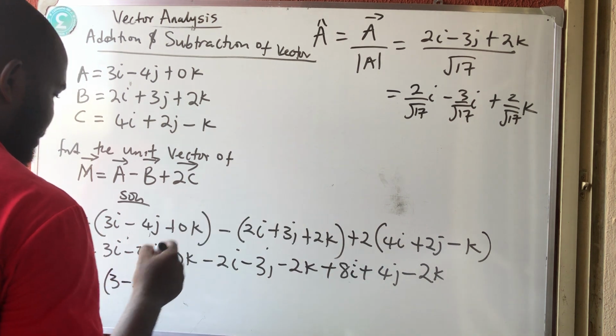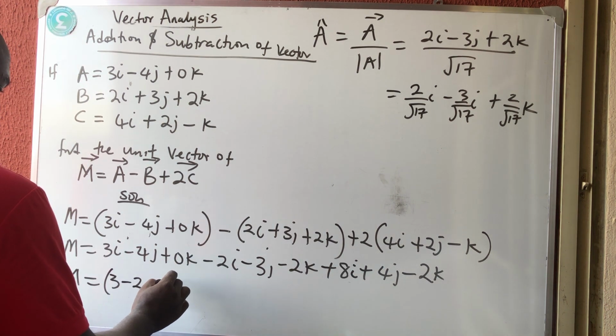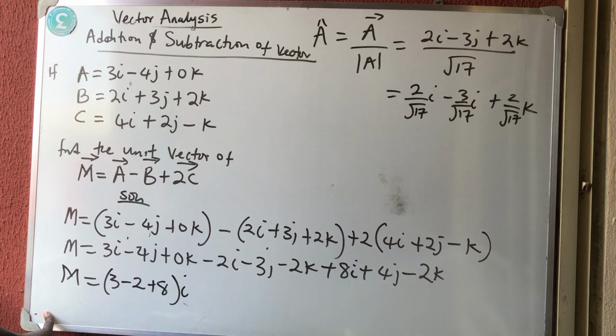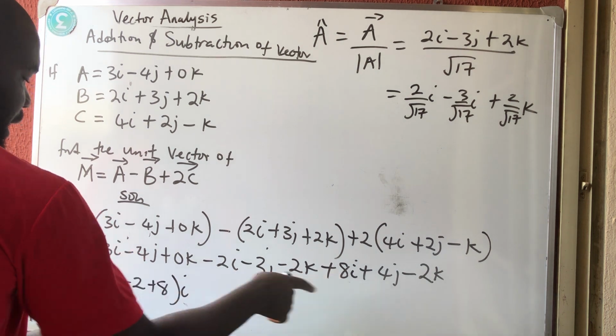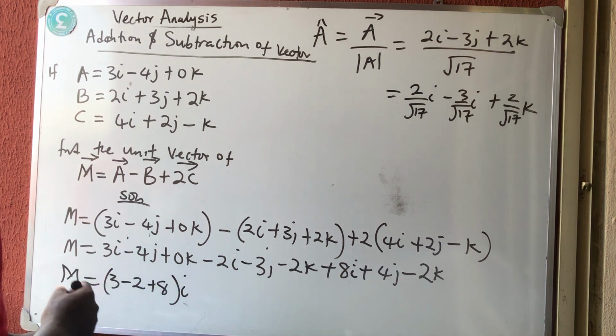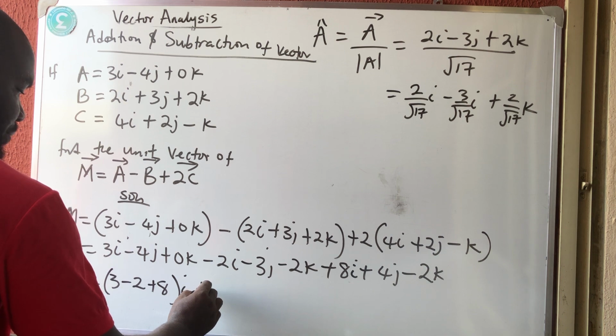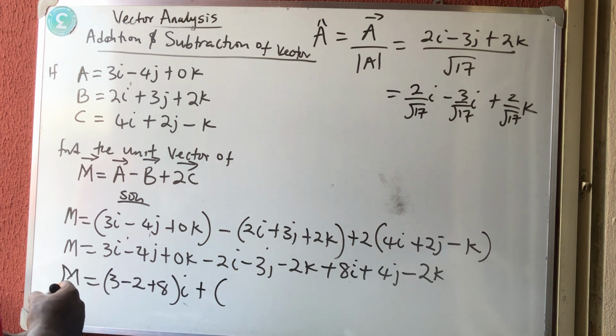Yes, 8i. So plus 8, and everybody has i like this. Or you do it yourself by saying 3 minus 2 then plus 8. Any answer you get, write it. But I just want to show you like this, okay? Plus like this. You must put plus, open bracket and start again.